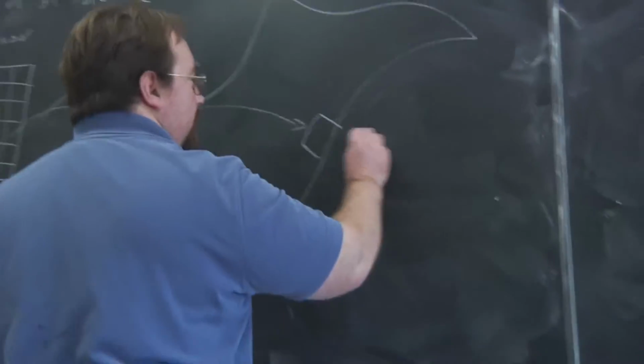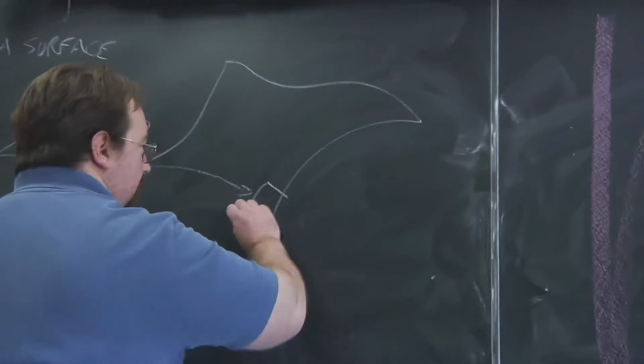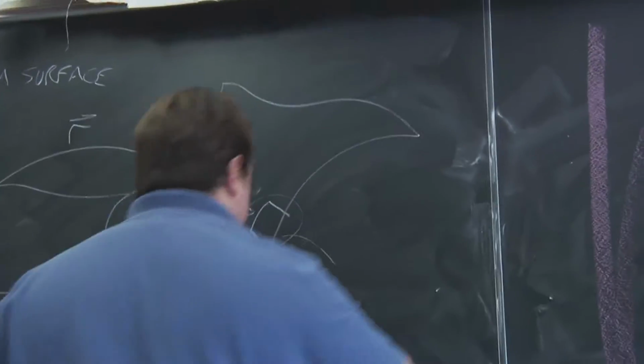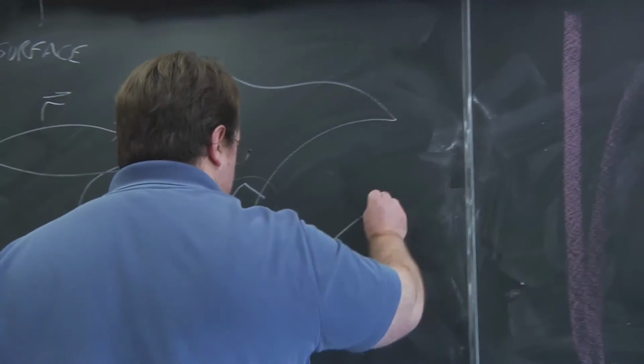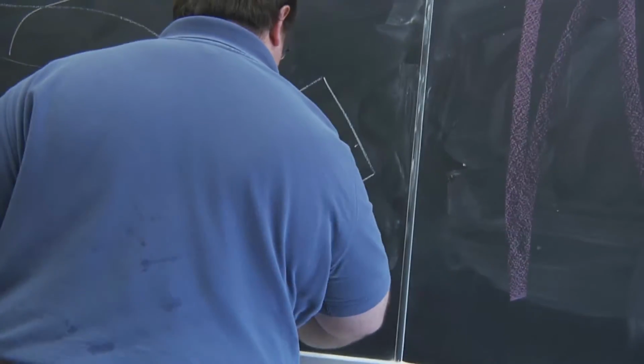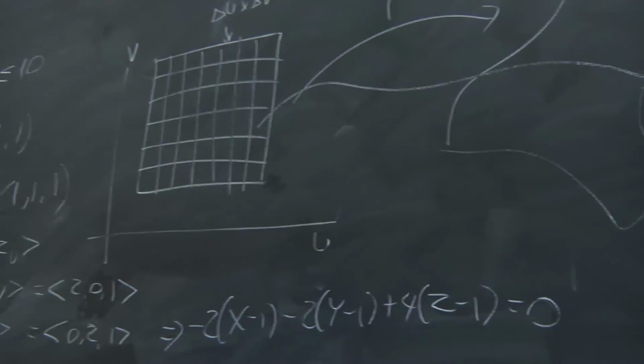Now, as you make these rectangles smaller and smaller, the patch that you get here, I'll magnify it, becomes closer and closer to a parallelogram. It's not exactly one, but it's more and more like one as these little rectangles get smaller and smaller.